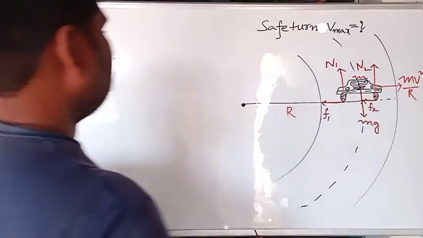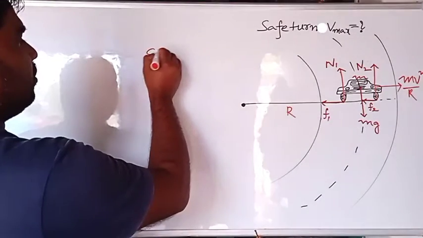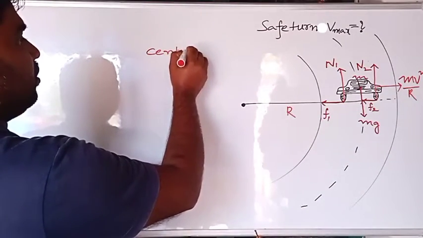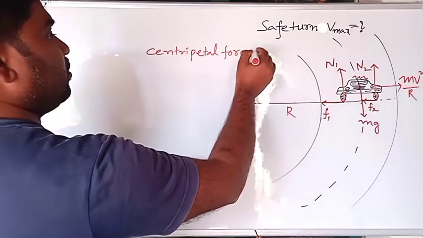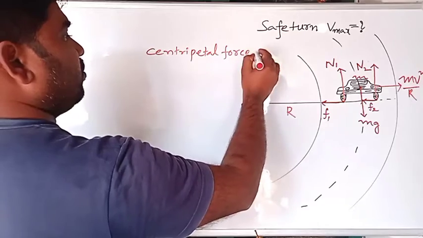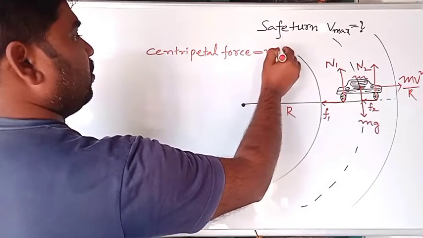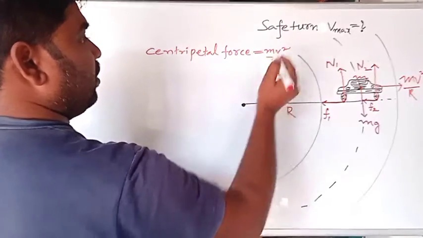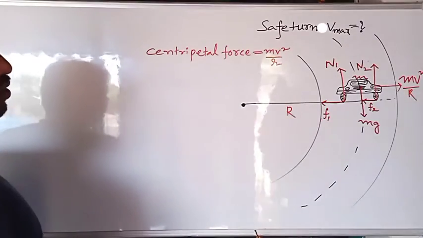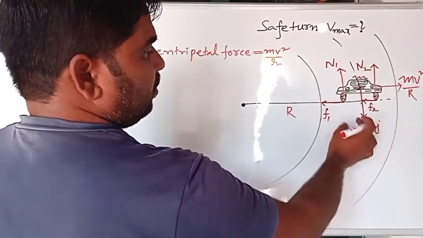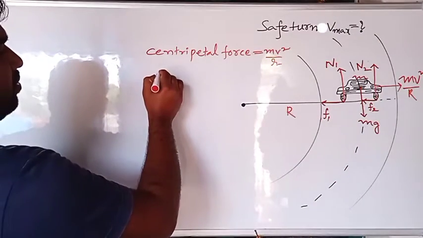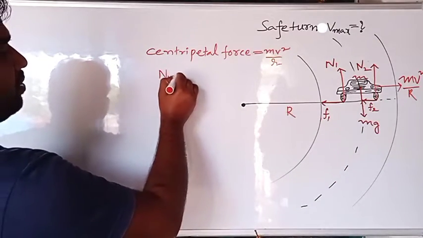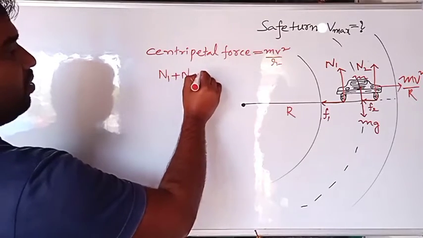Here the outward force mv square by R, that means centripetal force, this centripetal force is also called a pseudo force, which is acting outwards. And here N1 plus N2 equals mg.